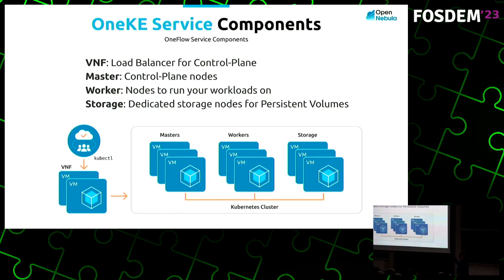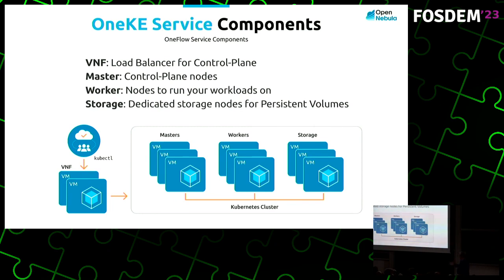So this VNF also allows the different VMs within the private network to communicate outside to the public one. Then we have the master role, whose job is to manage the control plane, the etcd database, the API, and so on.